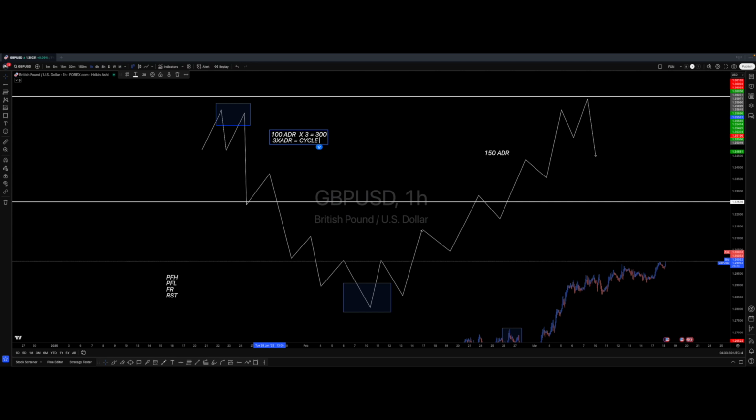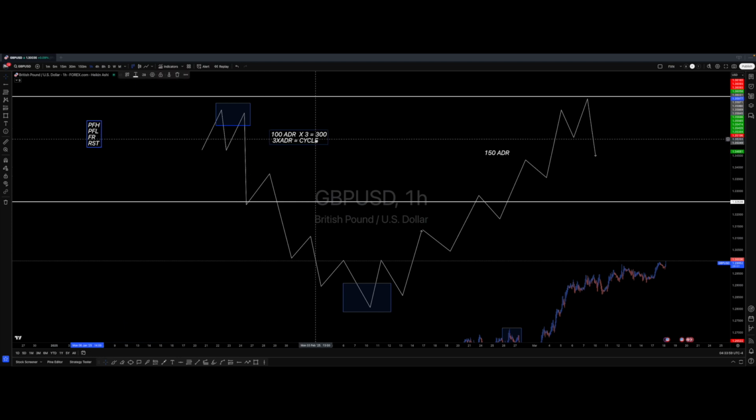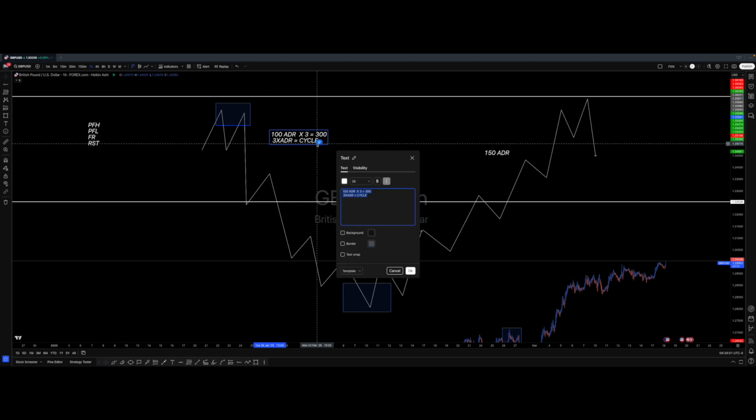Now obviously, as price action evolves, as markets evolve, this is not necessarily 100% true right now. From so much backtesting and so many different data points that we've been able to look at, the actual cycle now is anywhere from 2.5 times ADR to 4.5 times ADR.